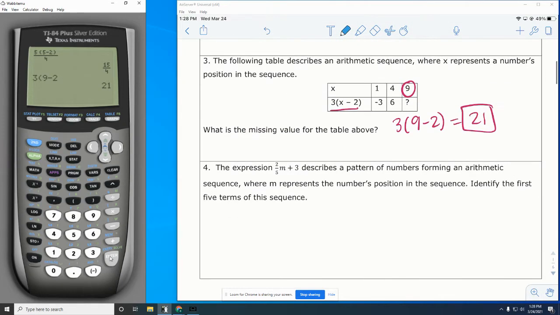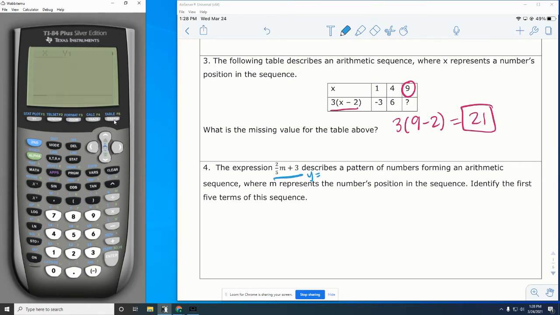For number 4, we have an expression 2/5 m plus 3 that describes a pattern of numbers forming an arithmetic sequence where m is the number's position in the sequence. Identify the first 5 terms. This is similar to number 2. I'm going to put this into y equals and type in 2/5, instead of m, I'm going to use x, plus 3.